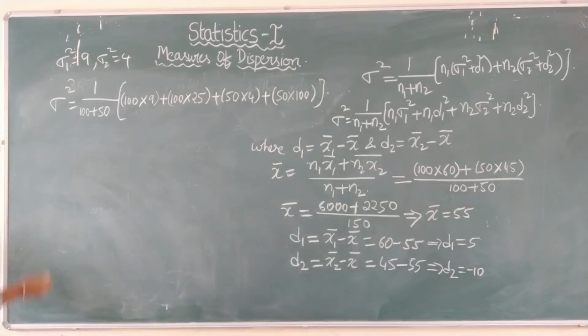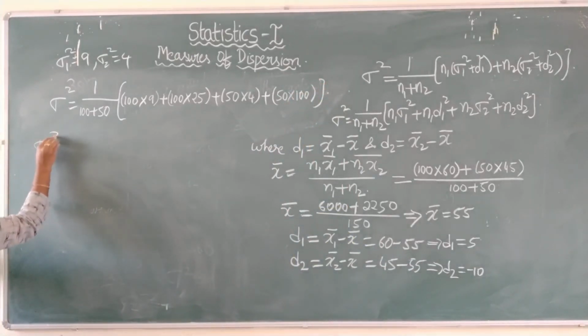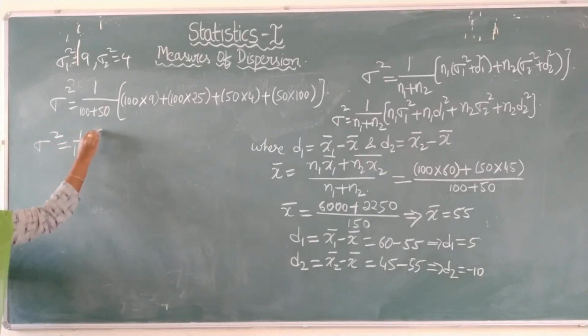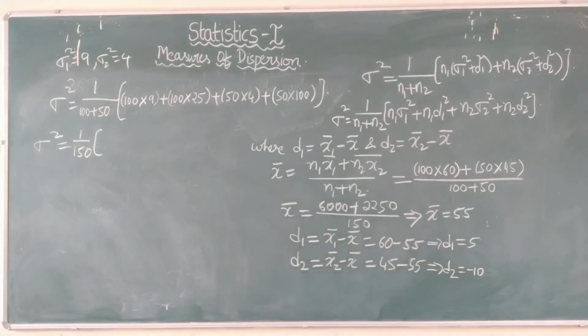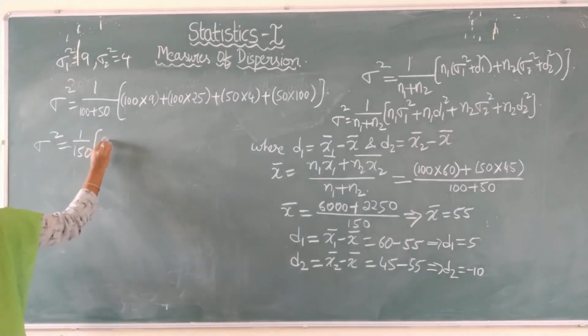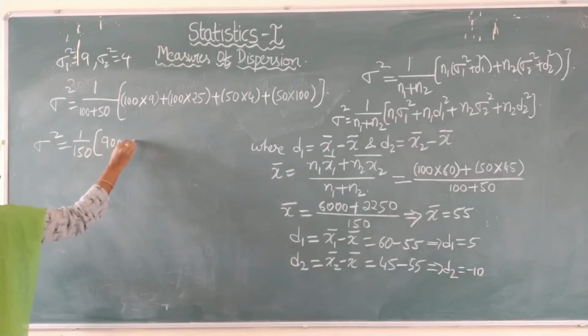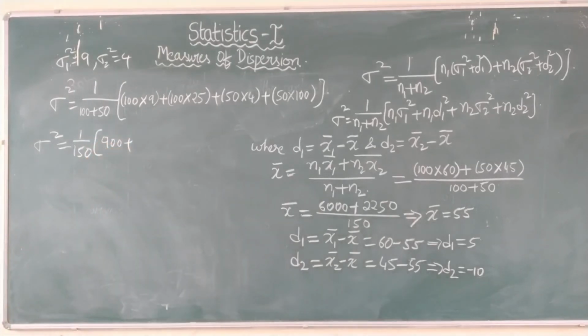Now solve this one. Sigma square equals 1 by 150 into, now 100 into 9 is 900, plus 100 into 25 next.